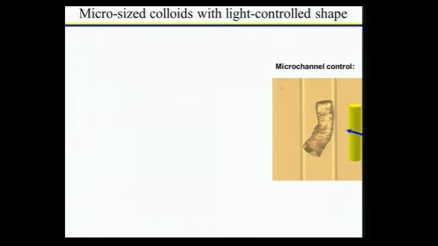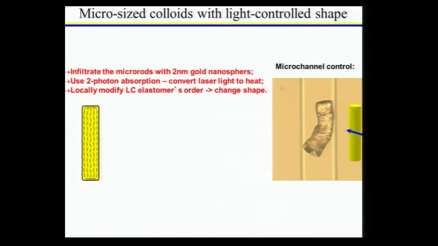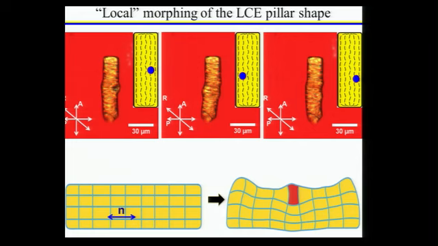Now, if we scan a laser beam along this direction in a cylinder, you can see we can morph the particle shape. And so this colloid can, for example, be bent simply by scanning the laser beam in this direction as depicted here. So why do we have this type of bending? If we simply take a focused laser beam and introduce it into a certain location in the particle, you can see that we make it locally fatter, right?